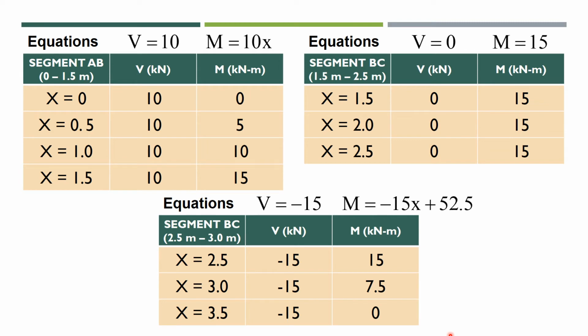Now, kailangan doon sa last point, ang maging value ng moment ay 0. Or, when you draw the shear and moment diagrams, it will close to 0. So let us now plot these values in the beam para makita natin anong itsura ng shear and moment diagrams.